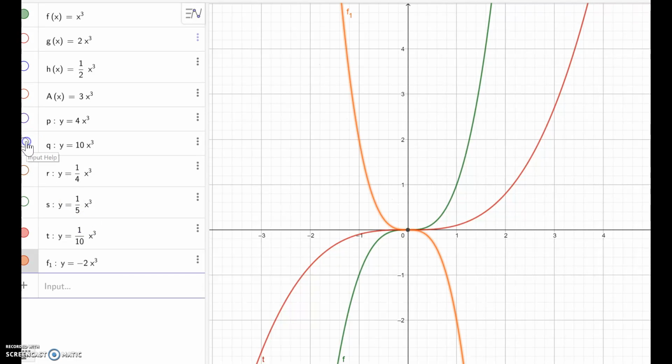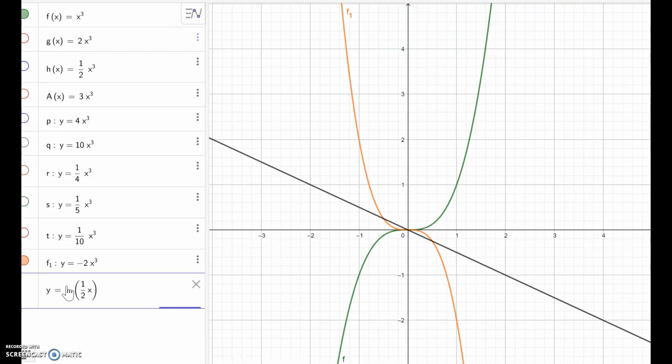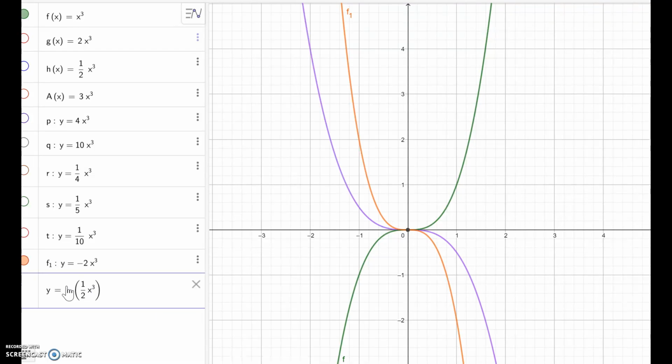I'm going to turn off everything else so that you can see better. So this is the x cubed and this is the negative 2x cubed. If I make y equal to negative 1 over 2 x cubed, they're also having opposite direction here.